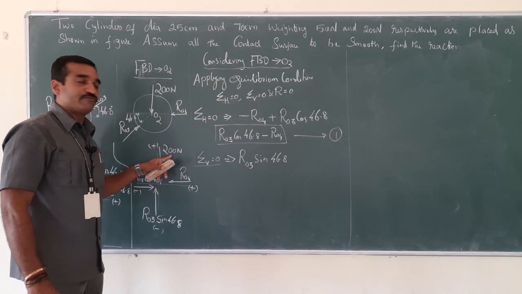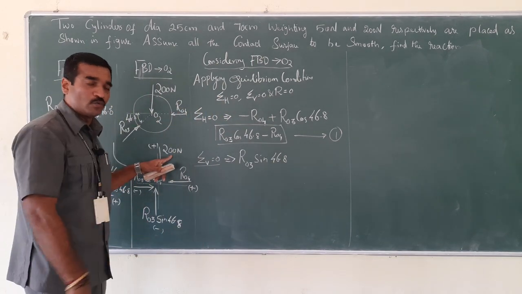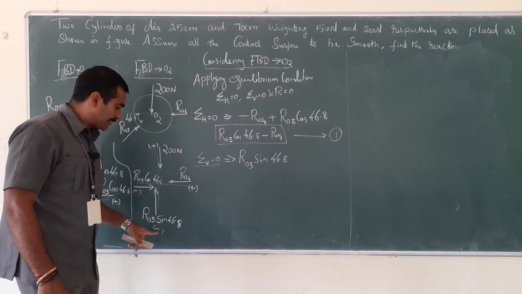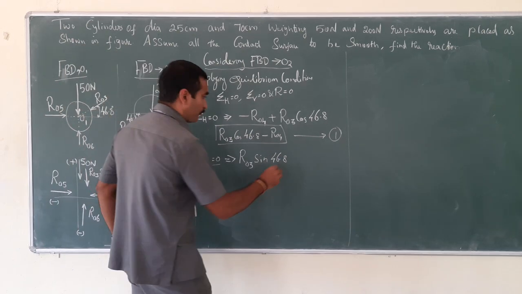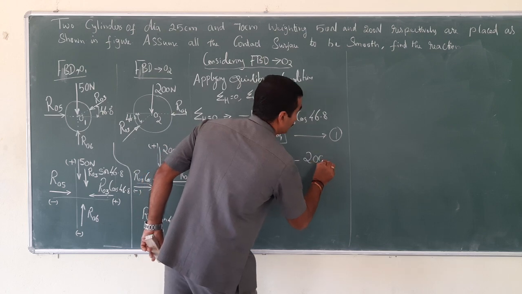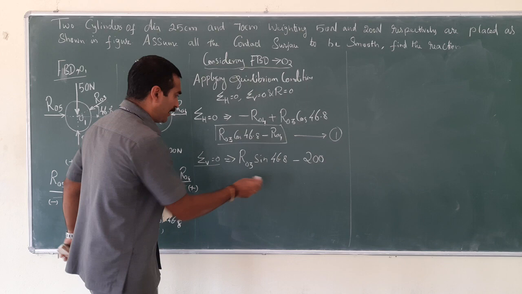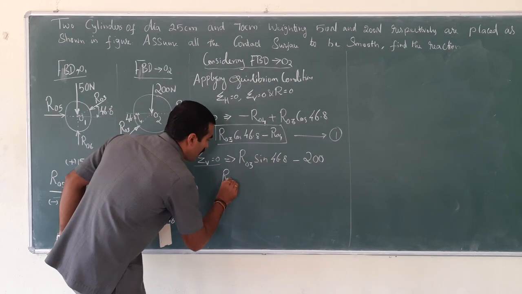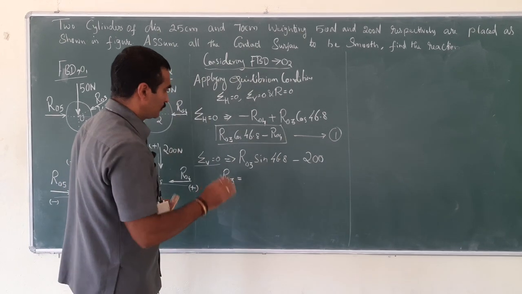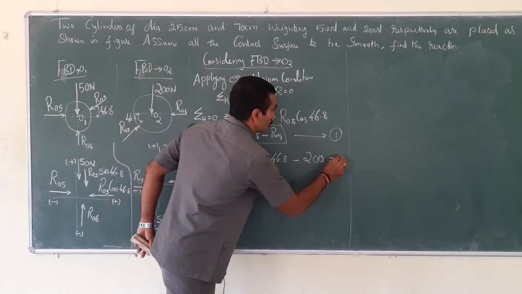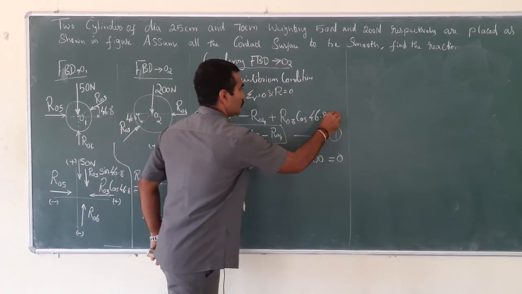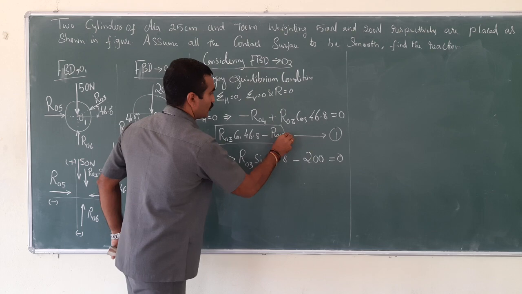And look at here, the self weight which is acting vertically downwards, heading towards the minus Y direction. Therefore, it carries a minus symbol. If you equate this, this is equal to 0.